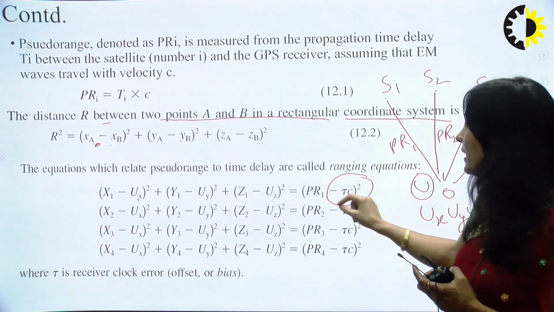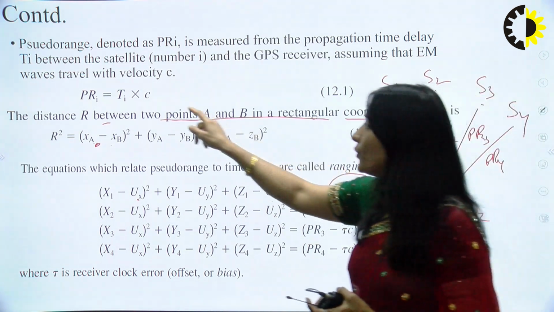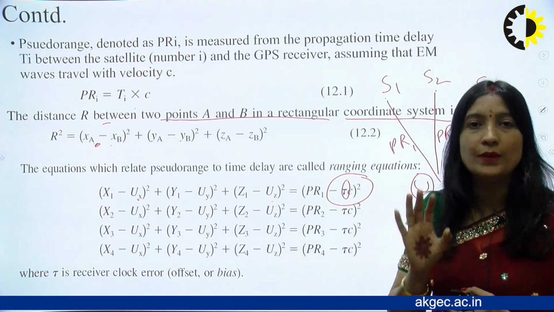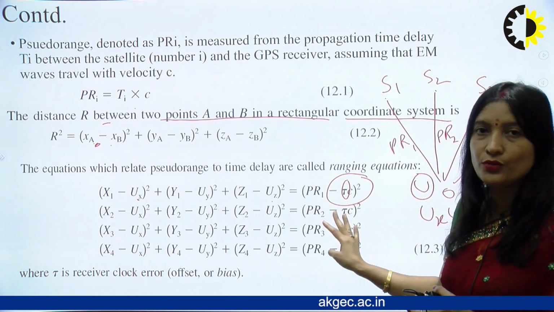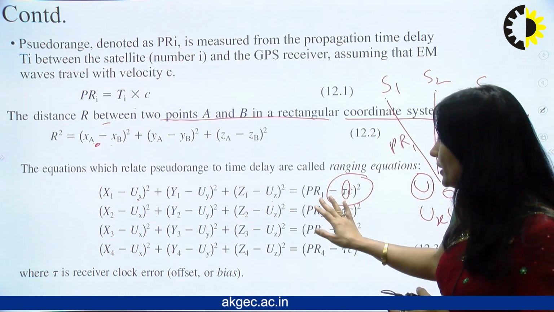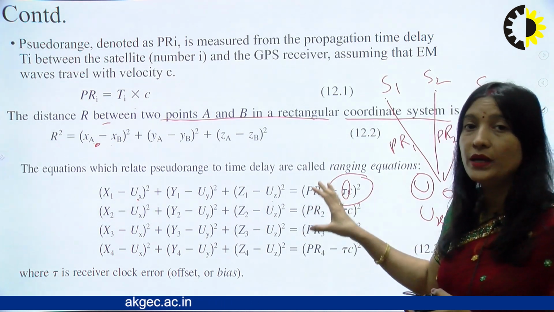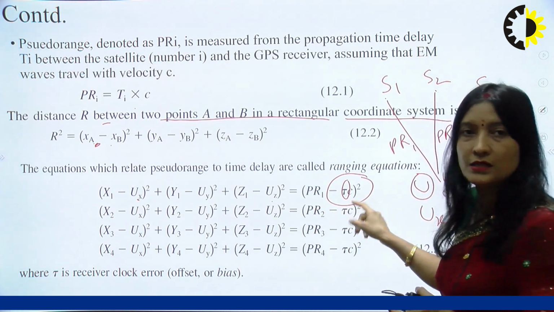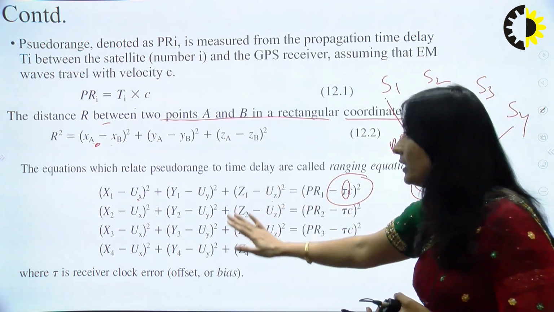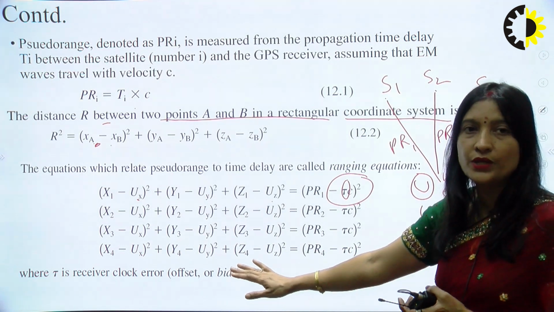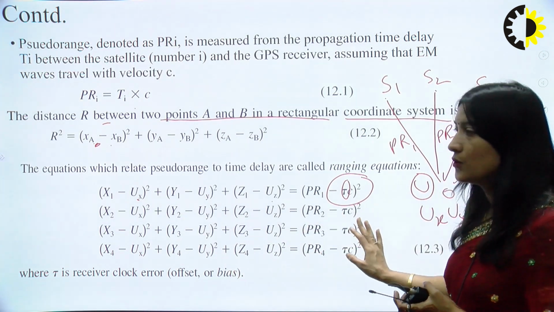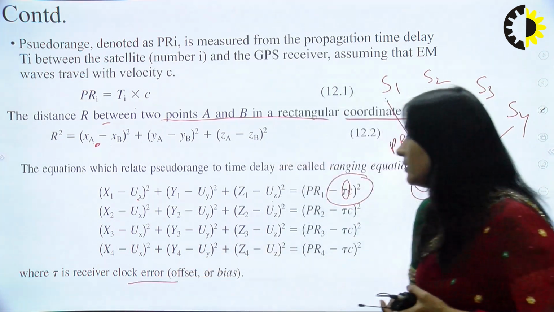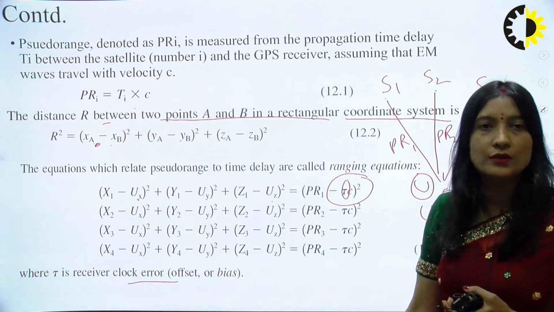So because of that error, we have introduced this tau, which is the timing offset error. So that is why we can say that there can be a change in the distance. So that is why this distance is (PR1 minus tau c) whole square, right? Similarly, for 4 consecutive equations we have drawn (PR2 minus tau c) whole square likewise, and this tau is known as the receiver clock error or the offset or the bias.